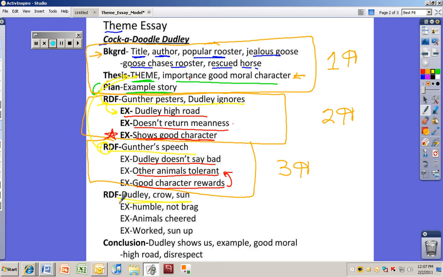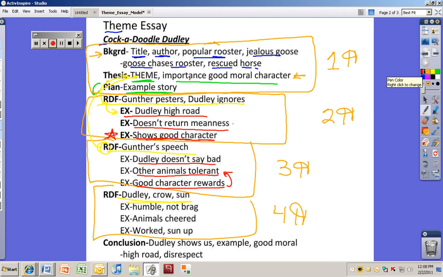Dudley crows, and the sun comes up. Do you remember that at the end of the book? Okay, now how does that show good moral character? I'm going to explain it to you right here in my fourth paragraph. It says, he's humble and he doesn't brag. They come to him and they say, come on, Dudley, crow for us. And he's like, oh, don't expect much.